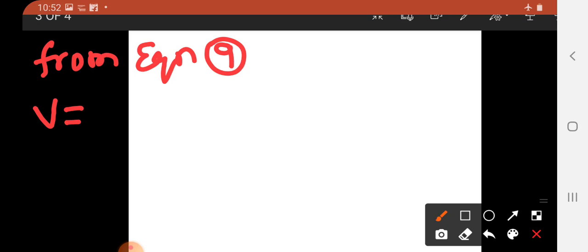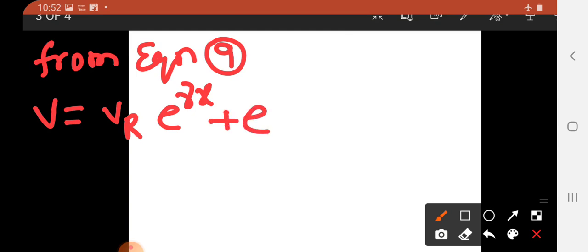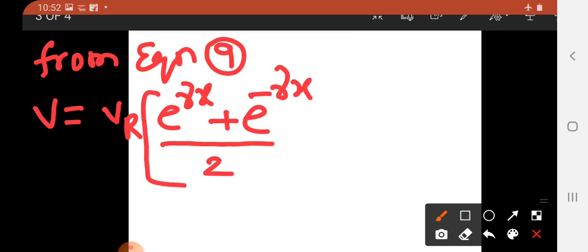If we take VR common, what happens? e power gamma x plus e power minus gamma x by 2. This is the coefficient of VR. And similarly, what about IR?